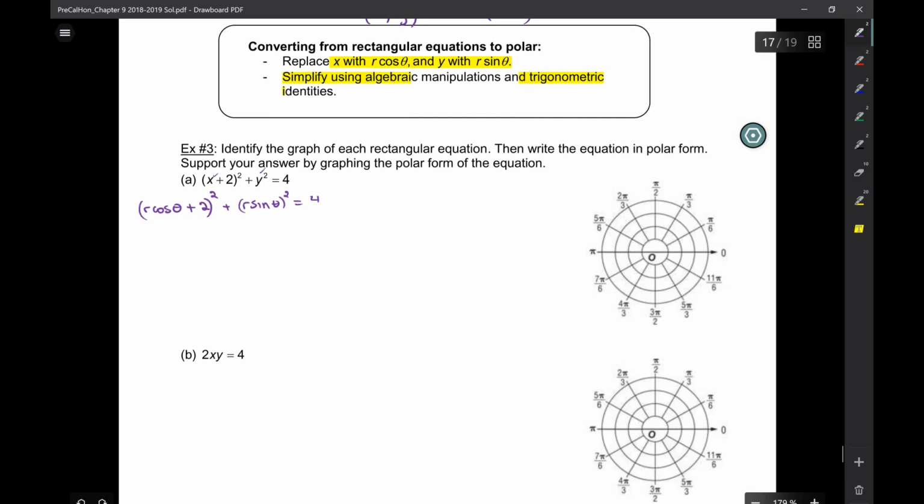I have to square this, so the first term squared is r squared cosine squared theta. Plus, what's the middle term? 4r cosine theta. This times this times this. 4r cosine theta plus 4. Plus, now I have to square this guy.